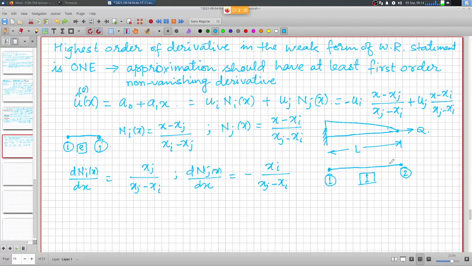So omega is identical with omega 1. We can do that. So if we do that, then what is the weighted residual statement?